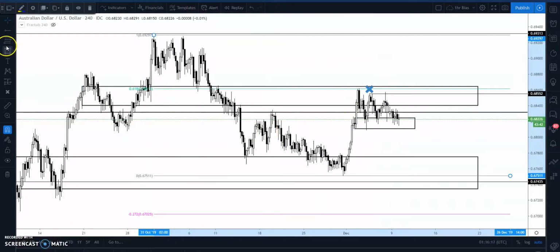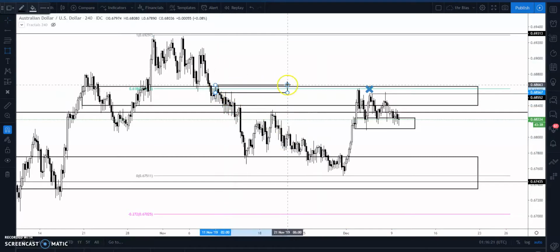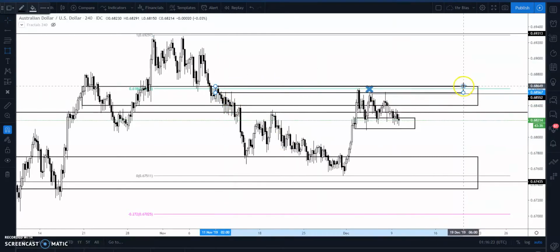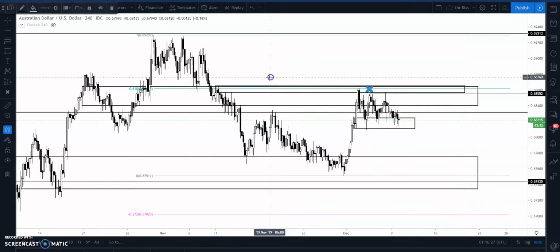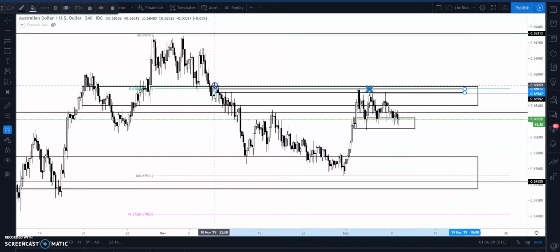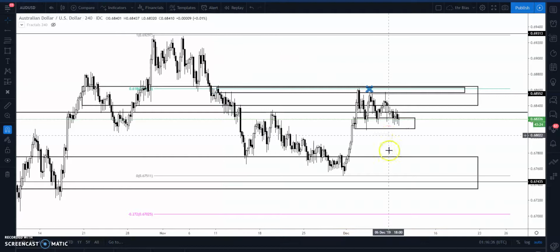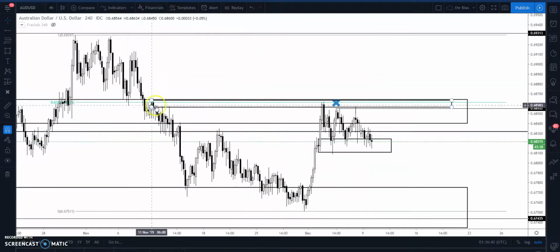And if I wanted to, I'll show you a little order block here, from the open to this level, a bearish order block. There you go. On this level here is where I'll be looking for sell trades.